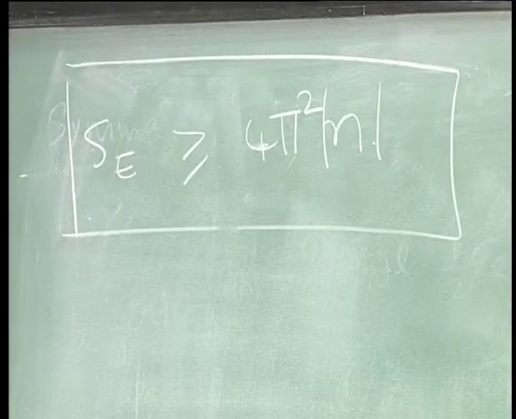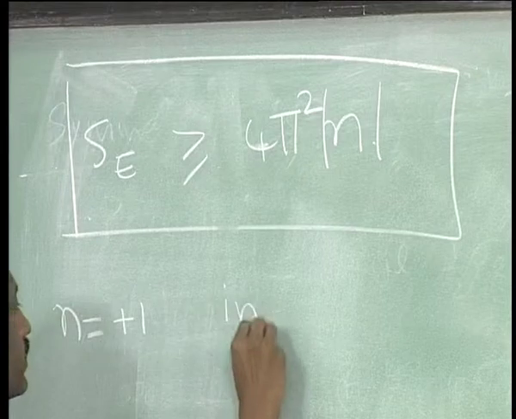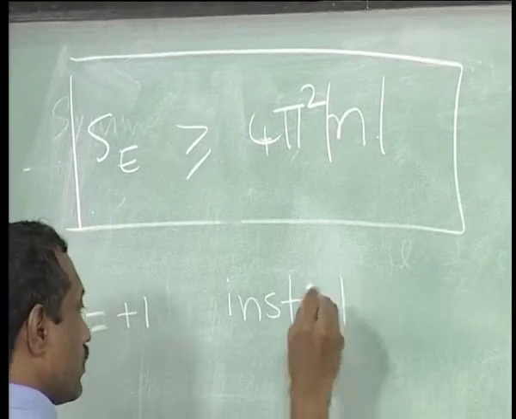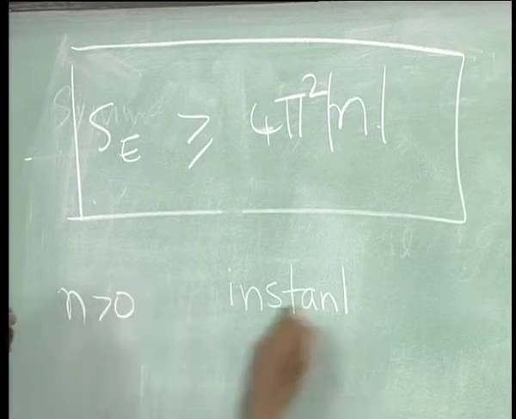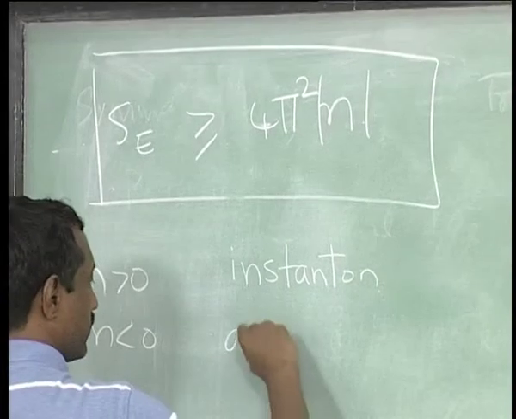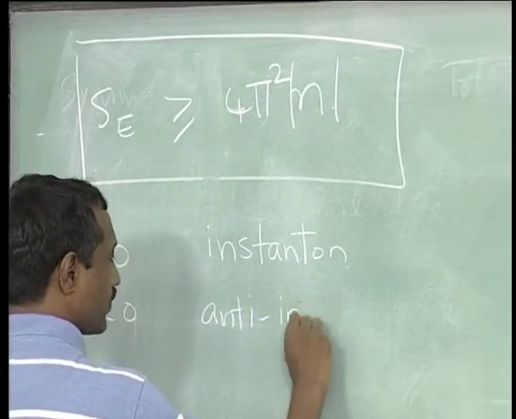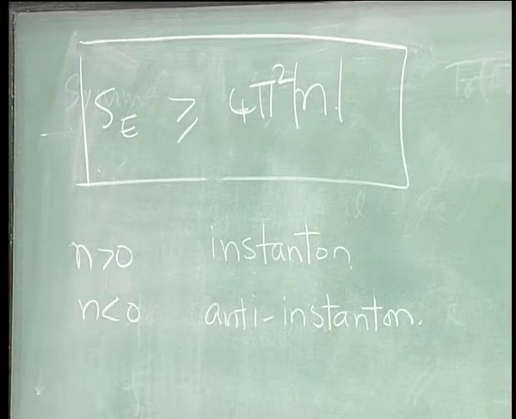okay. So depending on your convention, n equal to plus 1, positive, is called an instanton, and n less than 0 is called an anti-instanton. Okay. And now you can ask, when is the bound saturated?